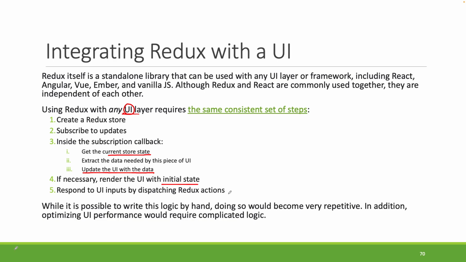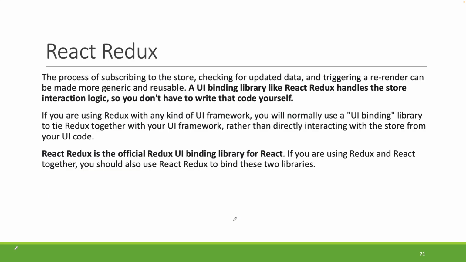So it is possible we write everything by hand, but doing so would become very repetitive, and optimizing UI performance might require complicated logic. That's why we have React Redux, okay? The process of subscribing to the store, checking for updated data, and triggering a re-render can be made more generic and reusable.